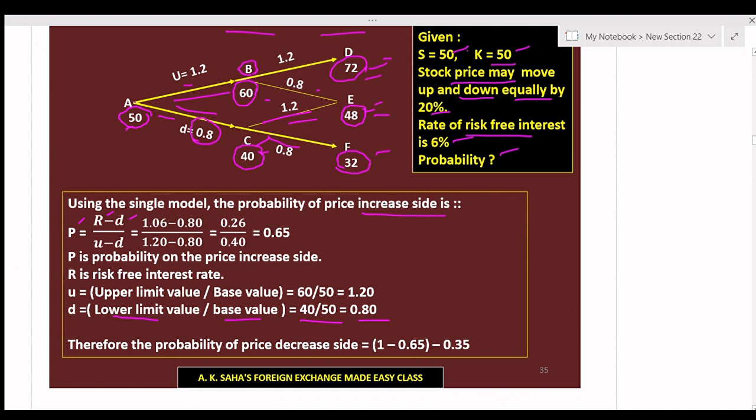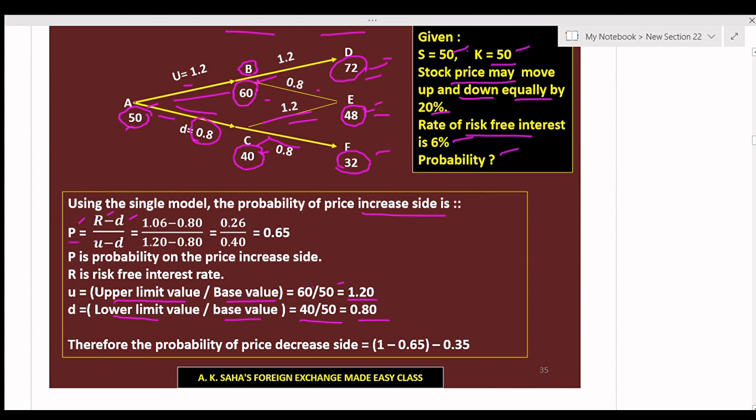And U is the upper limit value by base value, that is 60 by 50. At node B, 60 is the upper limit value and 50 is the base value. So it is 1.20.